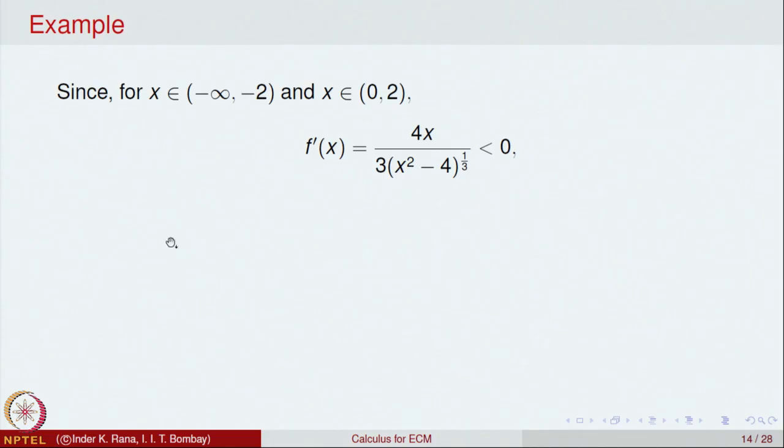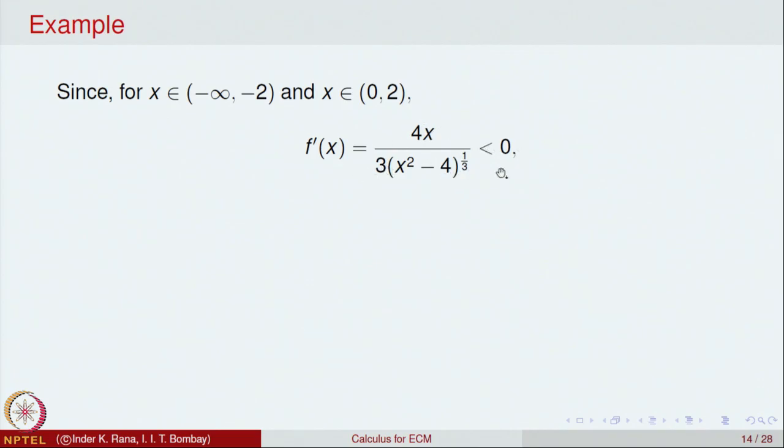So, if I look at x belonging to the interval minus infinity to minus 2 and in the interval 0 to 2, then f dash of x, if x is here, then it is negative, square will be positive. So, this quantity will be a negative quantity.